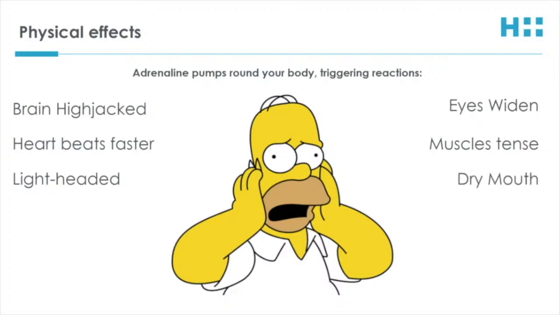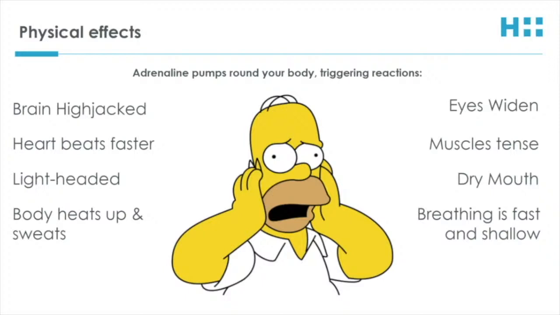Because your body is working so hard, it heats up really fast, making you hot and flushed, and your body tries to cool itself down by sweating. In order to run away or fight, you need to make sure that there's enough oxygen in your body, so your breathing becomes fast and shallow. As the body needs all fight or flight systems to be on red alert, it shuts down non-essential systems. This is mainly your digestive system.